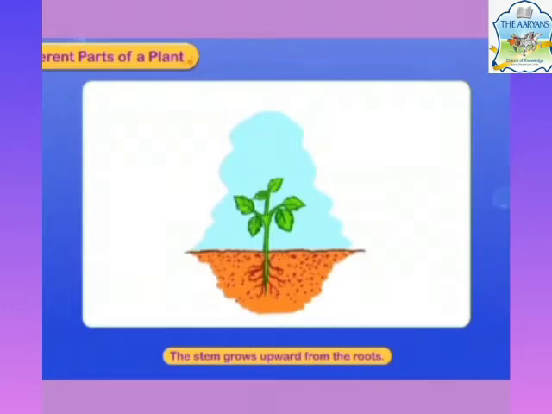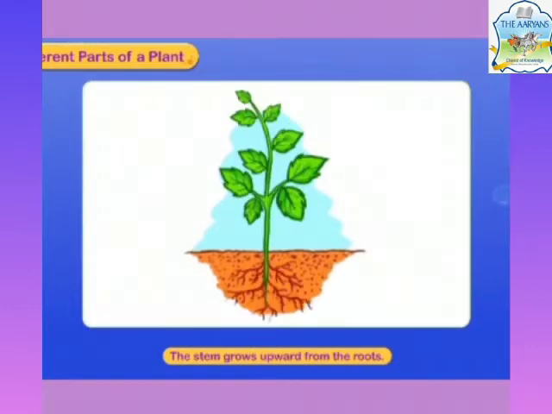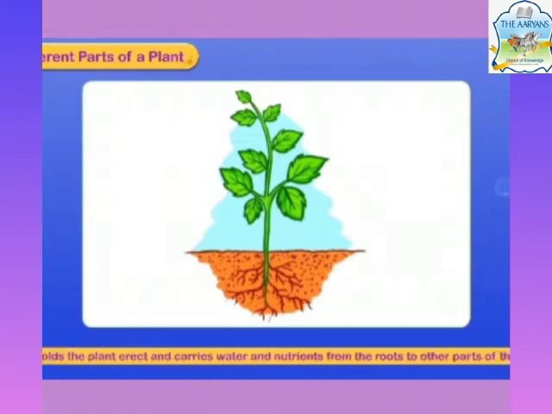Next is the stem. The stem grows upward from the roots. It bears branches on which leaves and flowers grow.